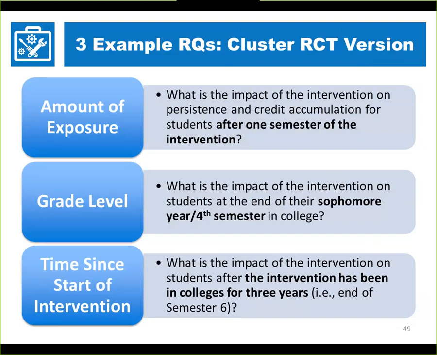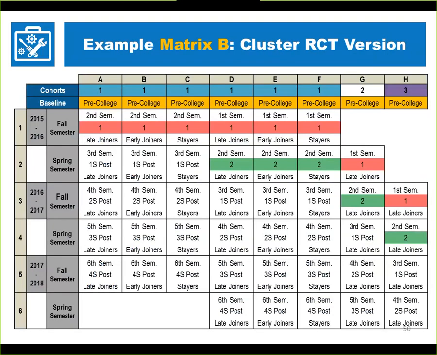One focused on impacts after 1 semester of exposure, one focused on impacts on students at the end of their sophomore year, the end of their 4th semester in college, and one focused on impacts of the intervention after it has been in colleges for 3 years at the end of semester 6. But before we go through the examples for the cluster RCT version, I want to introduce the matrix generated by the cluster RCT version of the tool, which forms the basis for our example research questions.